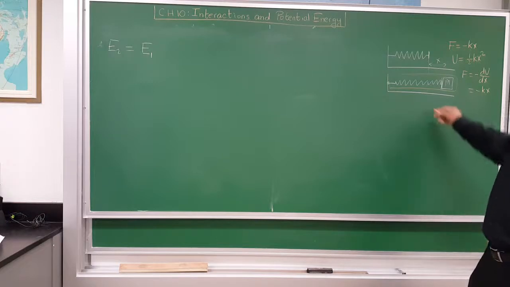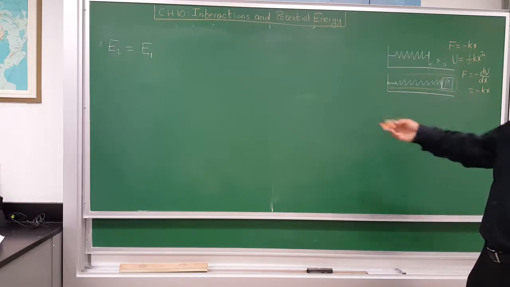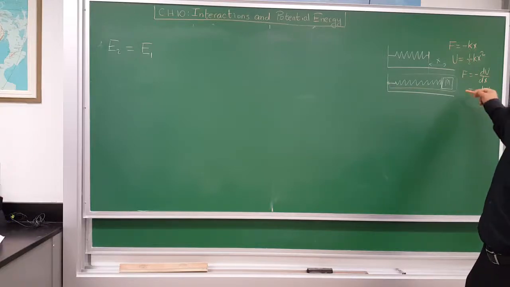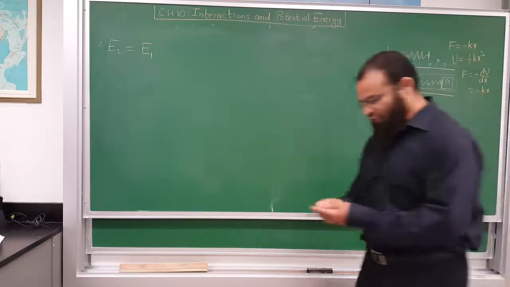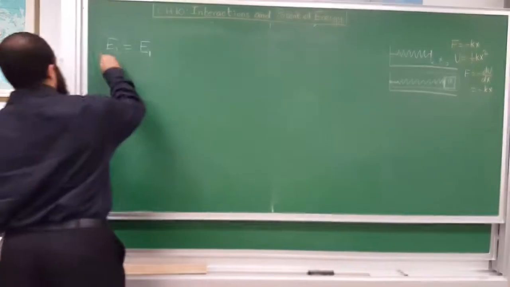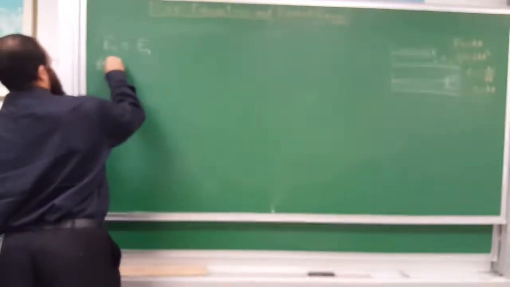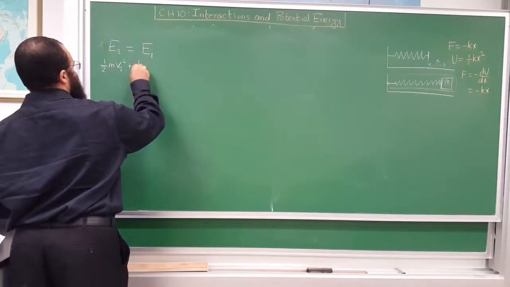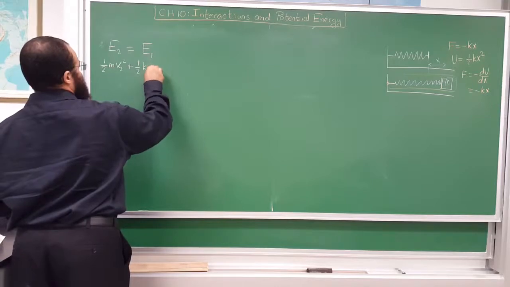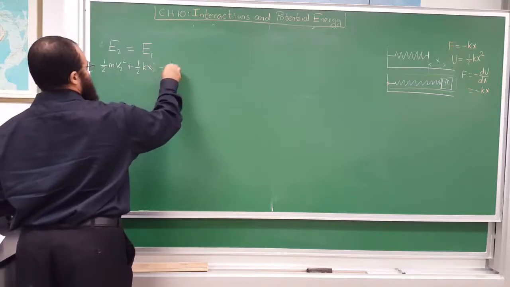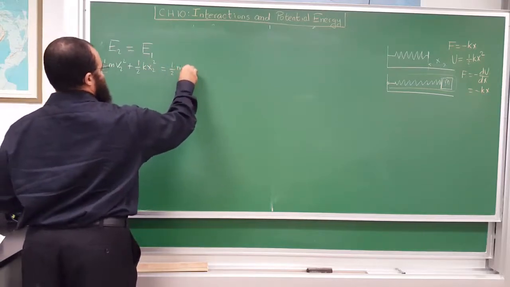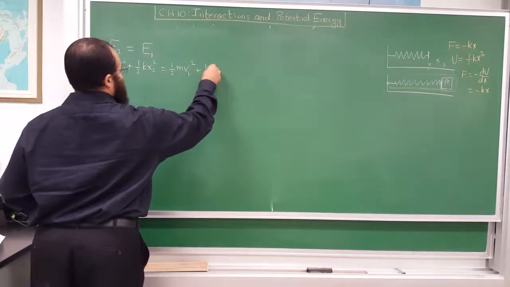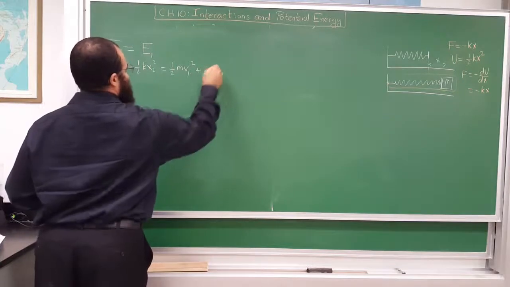So we conclude that the external work is zero, and therefore the energy at the beginning should equal the energy at the end, and our force here is conservative. So how does it look? It will look like this. 1/2 m v2 squared plus 1/2 k x2 squared is equal to 1/2 m v1 squared plus 1/2 k x1 squared.